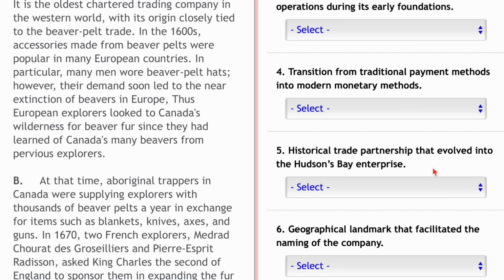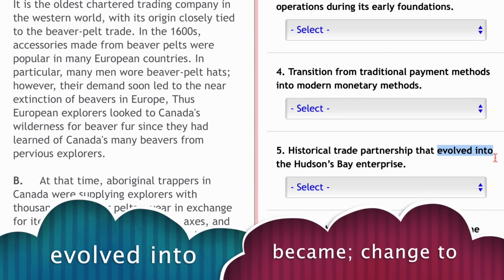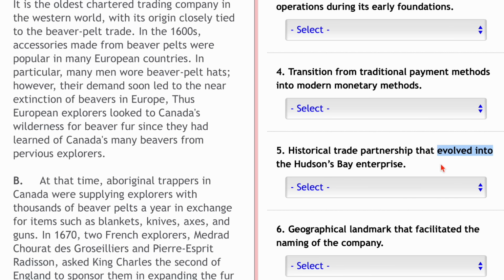Number 5, historical trade partnership that evolved into the Hudson's Bay Enterprise. So a trade partnership that evolved into, became the Hudson's Bay Company. Did it talk about that in A?